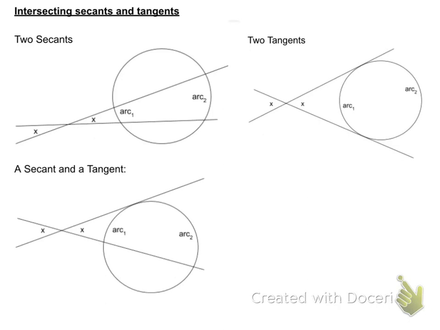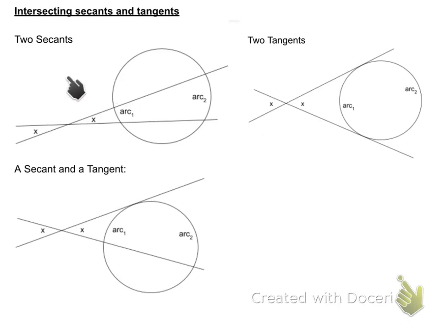Next page. Now we have intersecting secants and tangents, and their variations. You can have, again, 2 secants intersect. Where do these secants intersect? Here, where do they intersect? Are they inside? No, they're outside.